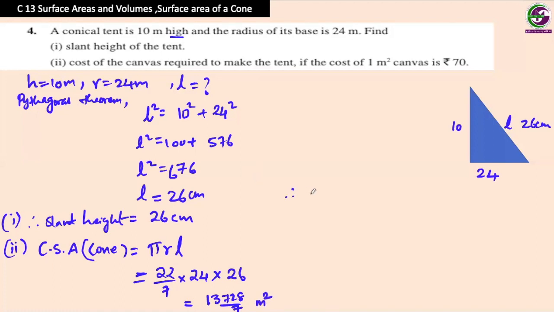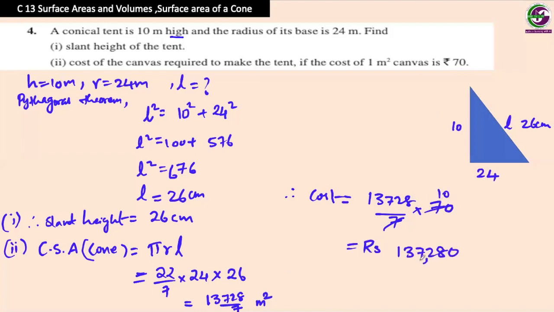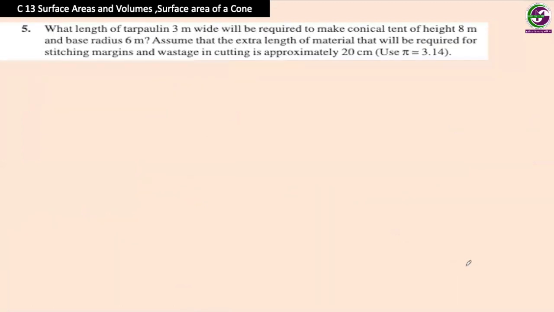Therefore, cost is equal to 13,728 divided by 7 multiplied by 70, because 1 meter costs 70, so the whole unit will cost 13,728 divided by 7 multiplied by 70. This can be simplified. So the total amount is 1,37,280 rupees.